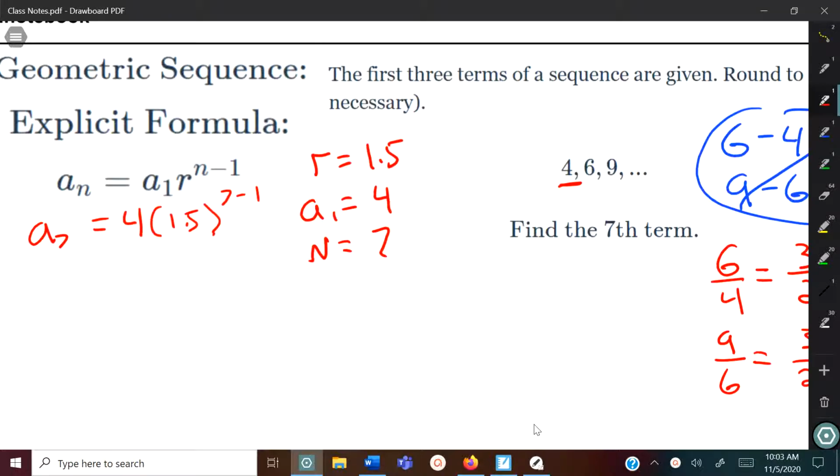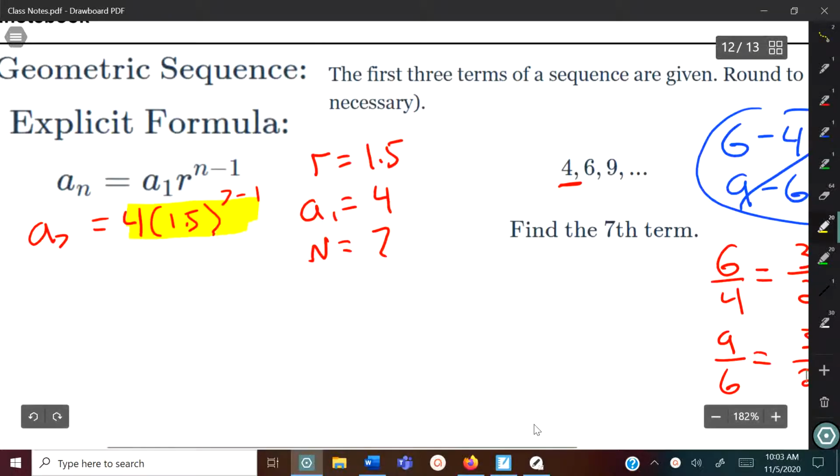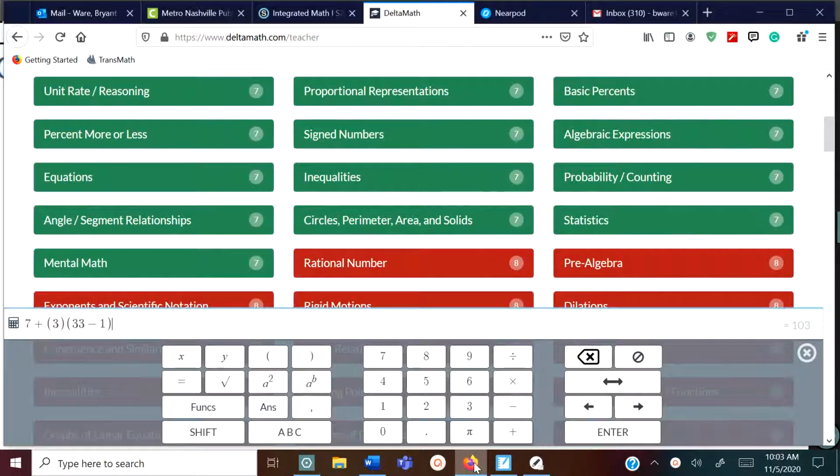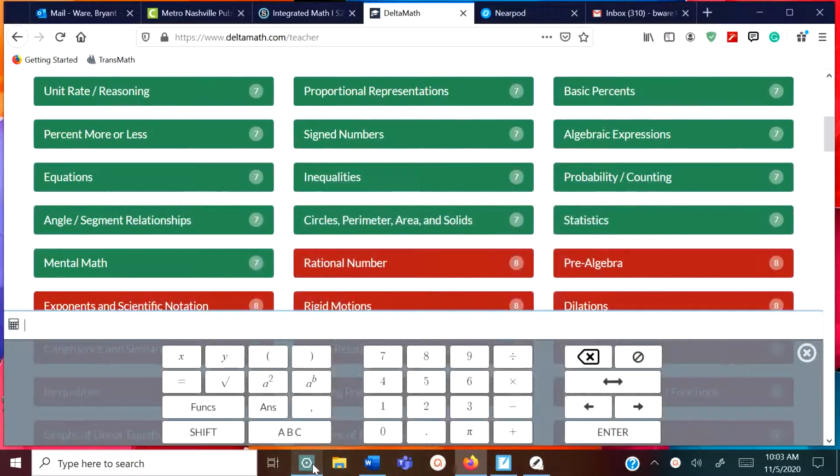Remember, we want to type in just this part here. So now I'm going to go to the calculator and type it in. Clear this out. We're going to say 4 times 1.5, close parentheses.